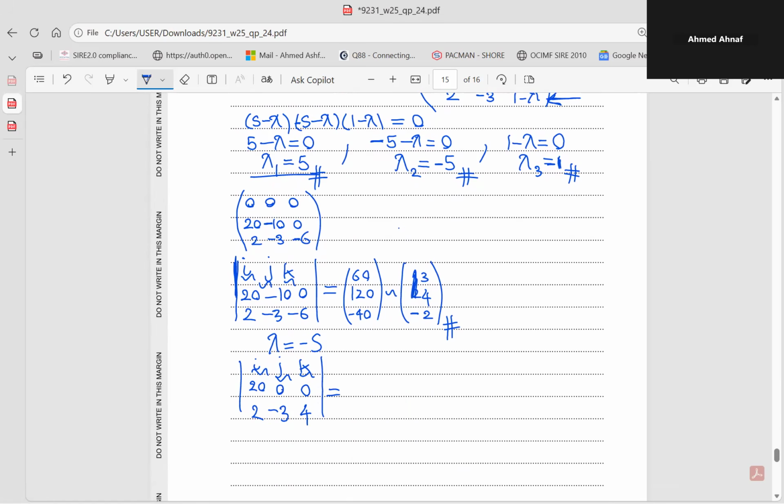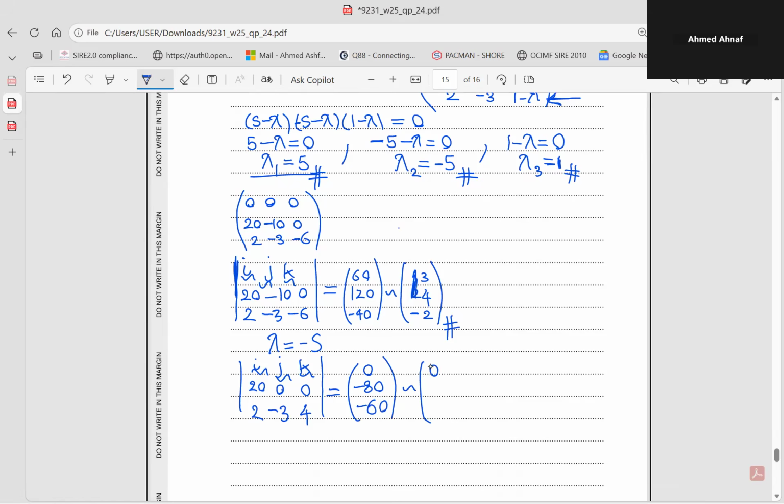Vector A times vector B, you get, oh my god, 0, negative 80, negative 60. So divide by negative 20, and you get 0, negative 4, 3. Yeah, so this is the second eigenvector.